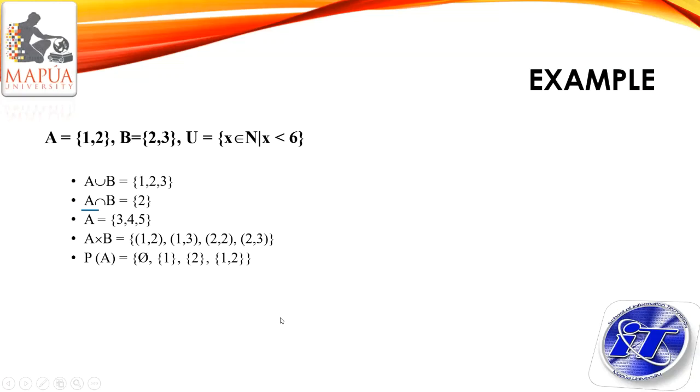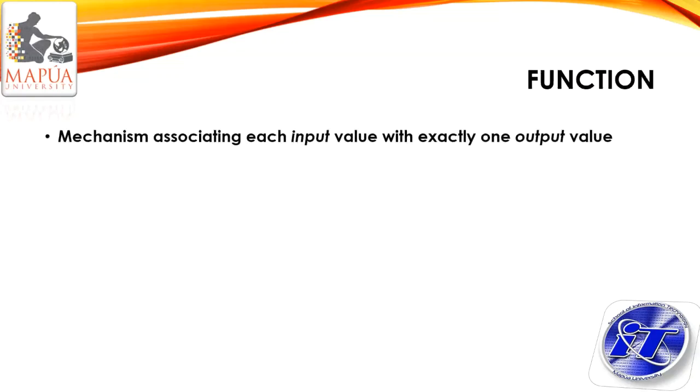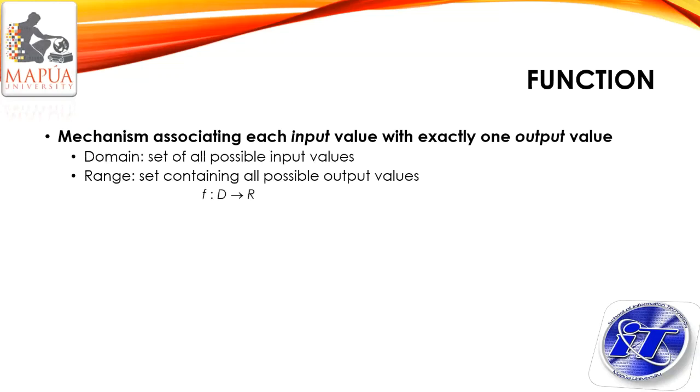So I hope you still remember these different functions that we've discussed in discrete math and some terminologies, because we're going to use them here in automata or theory of computation. Now let's discuss what a function is. Basically, a function is a way of mapping one value in a set to another set.